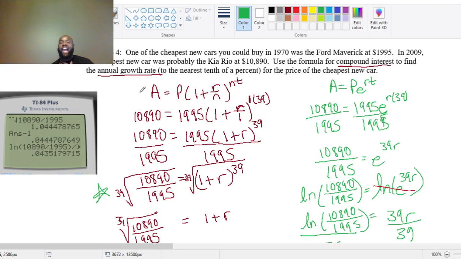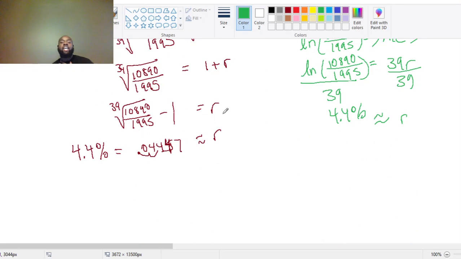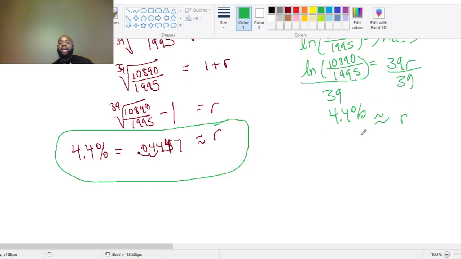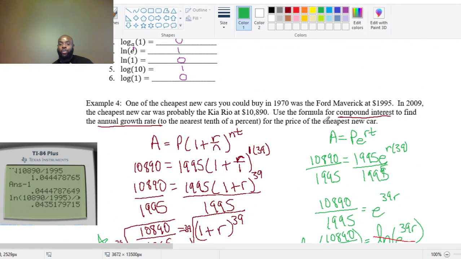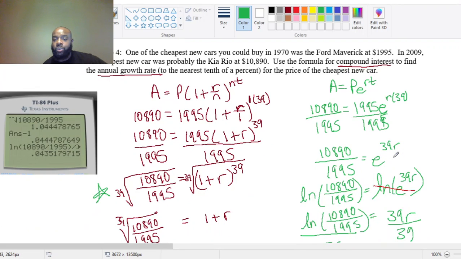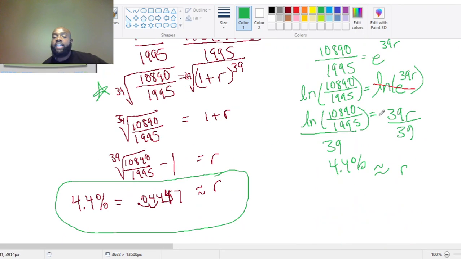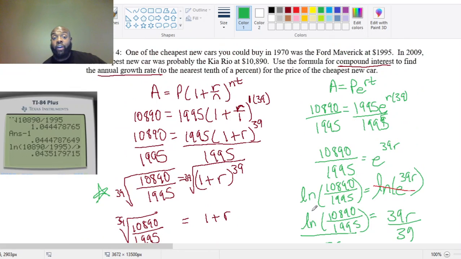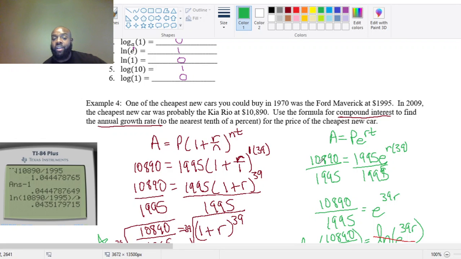Since this one didn't say continuously, then we technically should use the other formula. But I wanted you to redo this problem with your logarithm. In this example, we assumed that it changed continuously, and I ended up with the same rate. I will be clear in class when I want you to use this formula versus this formula. But this is it for this video.